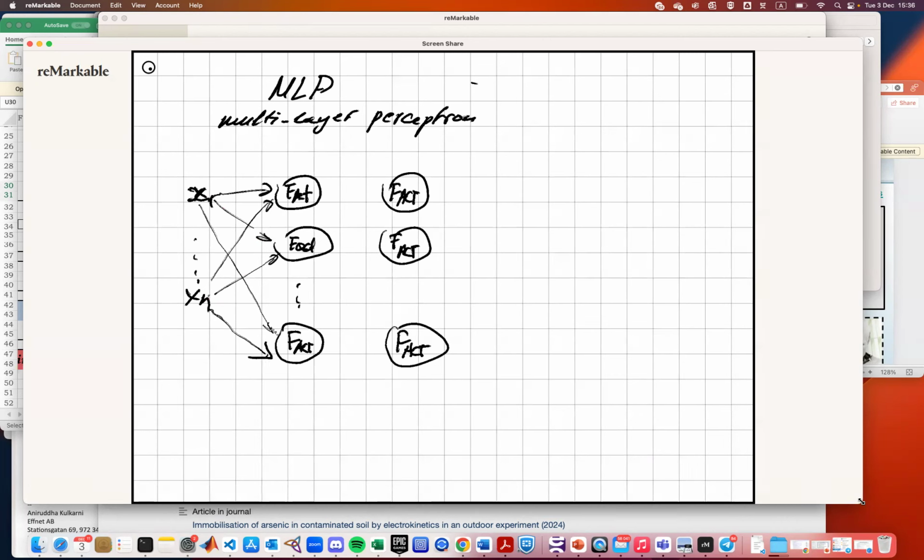And you have the same kind of connections for them.